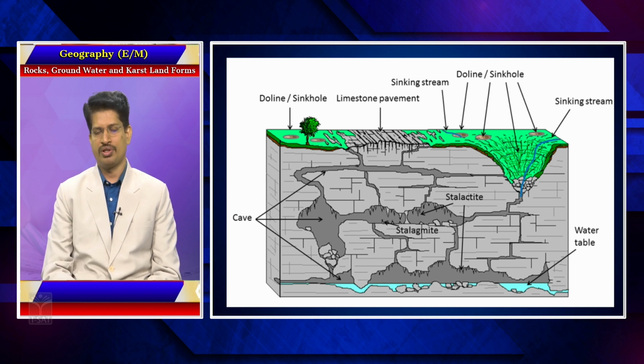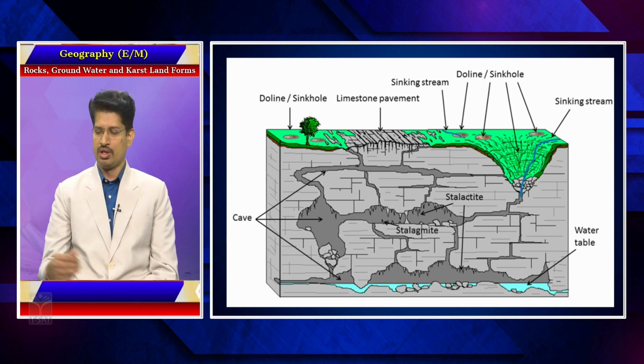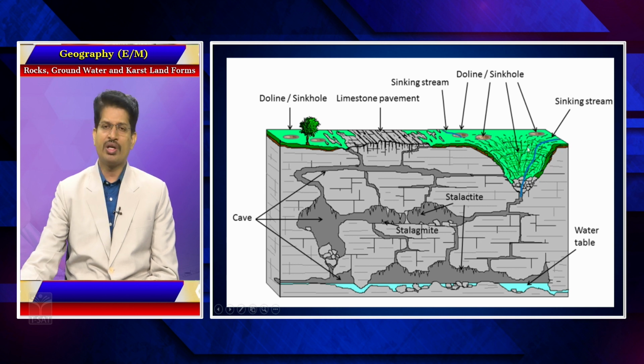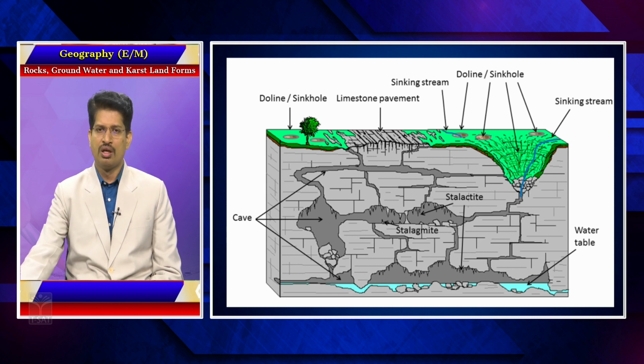A sinkhole is a funnel shaped depression formed because of solutional activity, because limestone or dolomite dissolves in precipitated water, leading to the formation of a funnel shaped depression, which is described as a sinkhole.